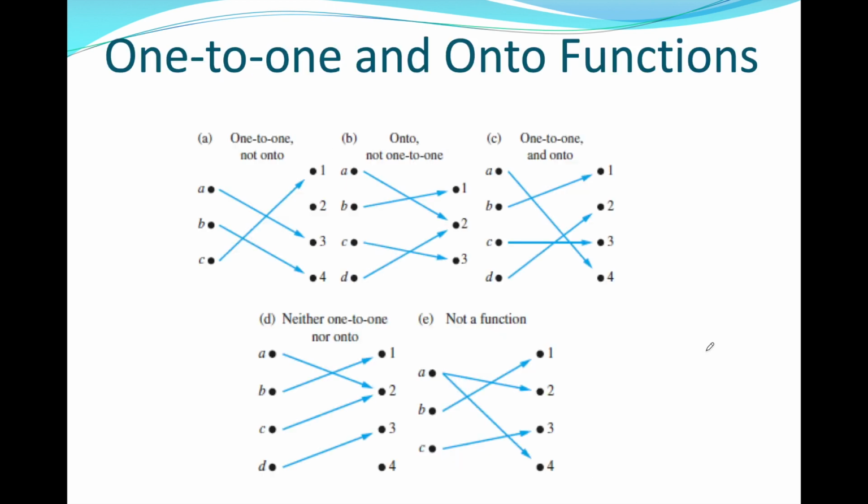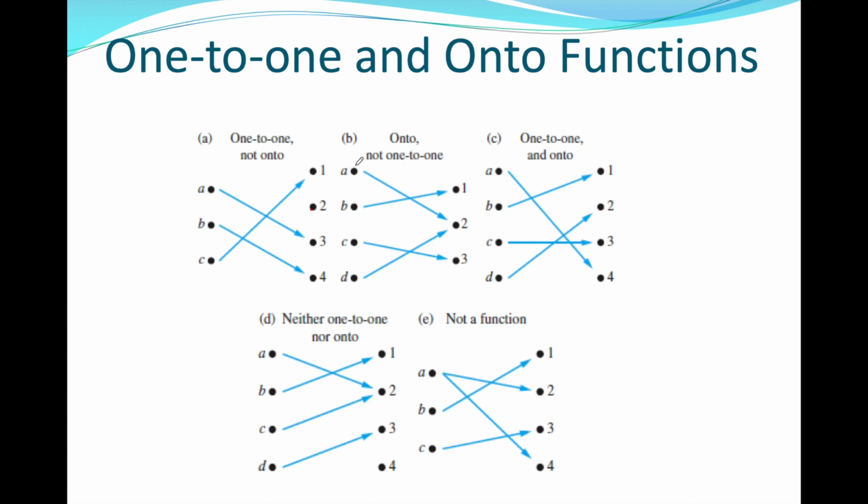Okay, so these are the list of examples that you can see. For this one, it is 1-to-1 because all the elements in the domain are connected to the codomain, but it is not onto. Why? Because there is one element in the codomain that is not connected to any element in the domain.